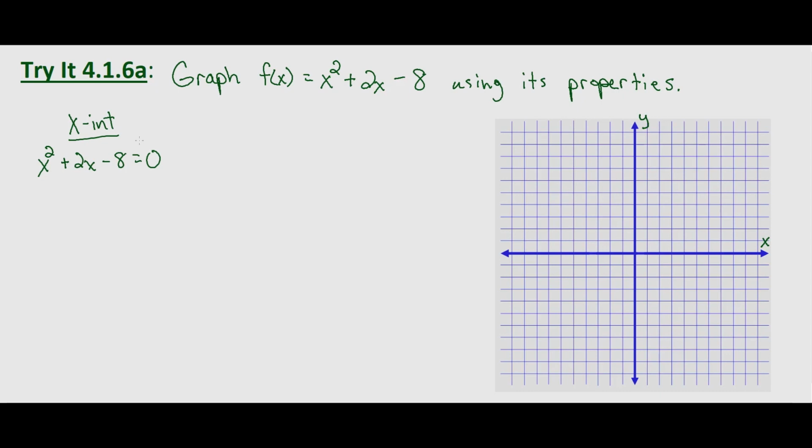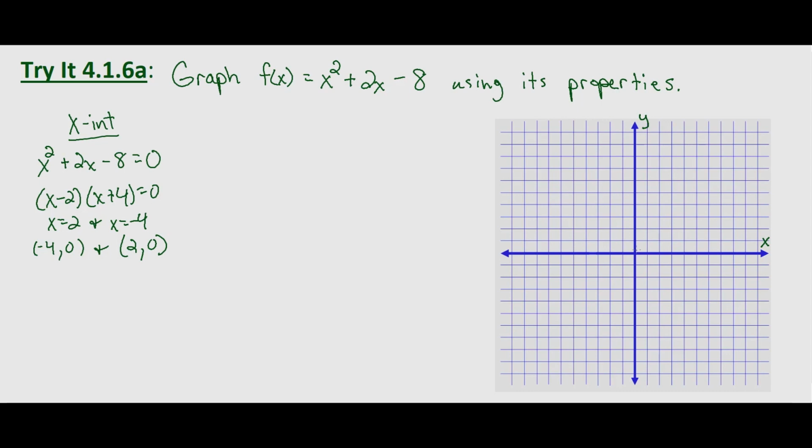We actually looked at this in an earlier exercise. This will factor to x minus 2 times x plus 4 equals 0, which gives us x equals 2 and x equals negative 4, which gives us the x-intercepts of negative 4, 0, and 2, 0. So we'll go ahead and graph those.